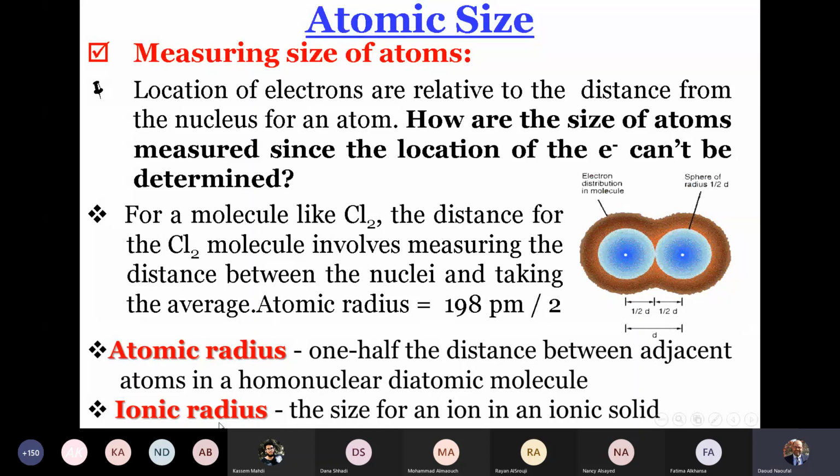What is the ionic radius? The ionic radius is the radius of the ion of the corresponding atom, and we have a difference between atomic radius and ionic radius since the numbers of electrons are different.